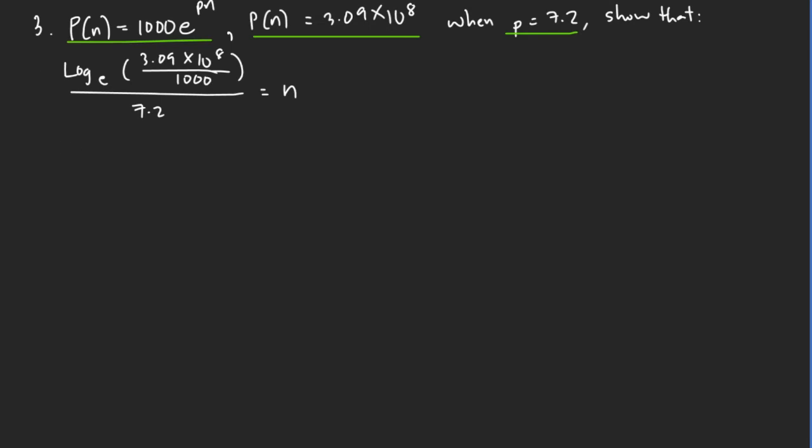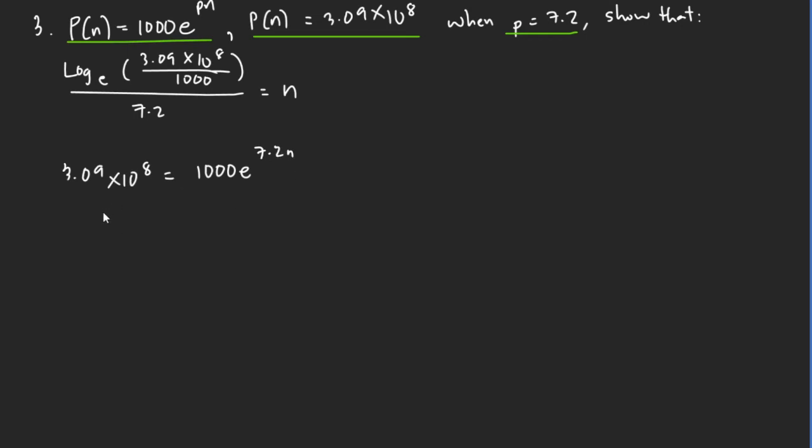Alright. So, we're just going to substitute the values given to the function. So, the function of n would be 3.09 times 10 raised to 8. While on the right, we have 1000 e raised to pn. And p is equivalent to 7.2. So, we can take the exponent 7.2 times n.